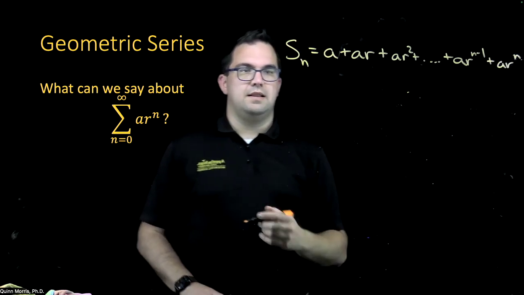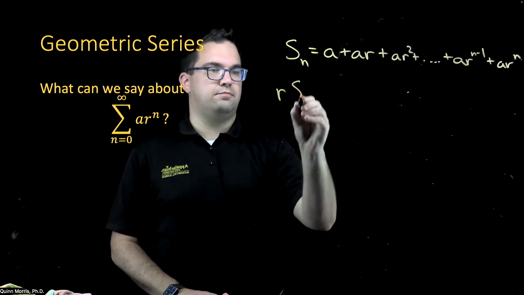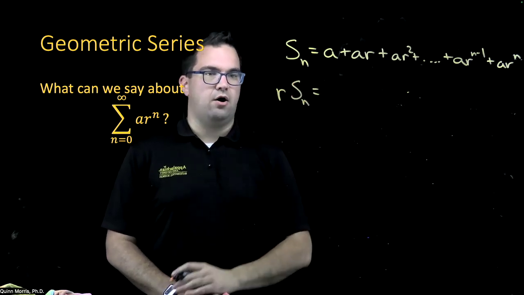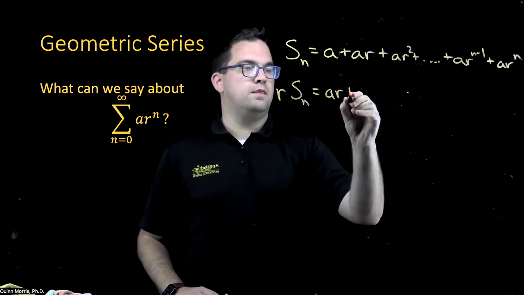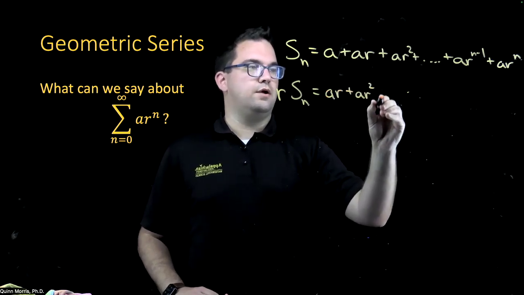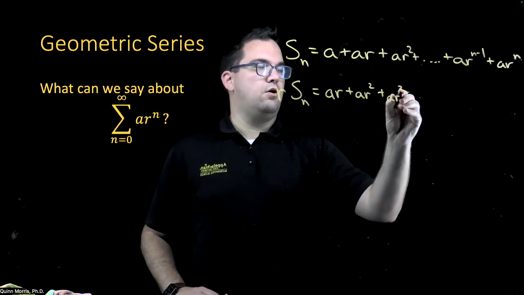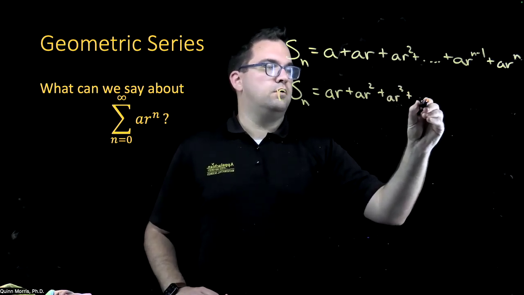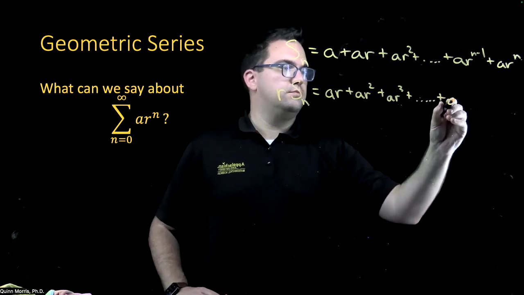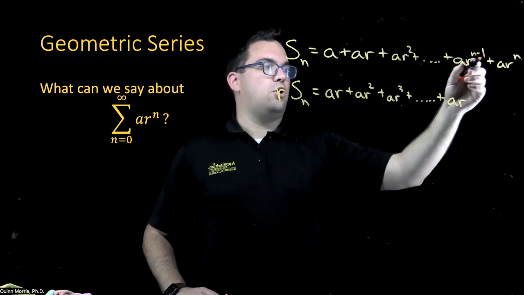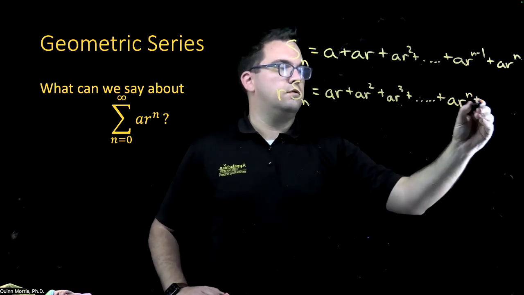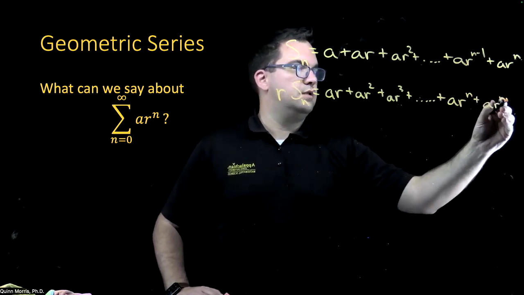Okay, and now, if I were to multiply both sides of this by r, what would I get? I would get ar plus ar squared plus ar cubed plus, this would be ar to the n minus 1 times r, which is ar to the n, plus ar to the n plus 1.